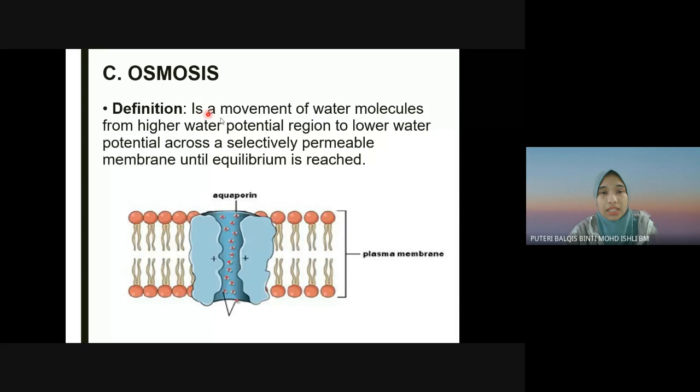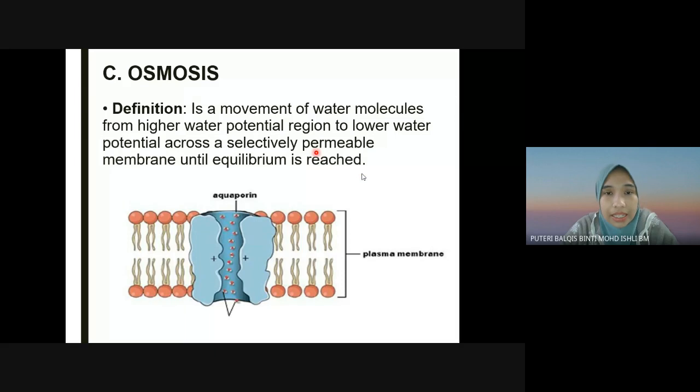Then we move on to osmosis. The definition of osmosis is the movement of water molecules from a higher water potential region to a lower water potential region across a selectively permeable membrane until equilibrium is reached.